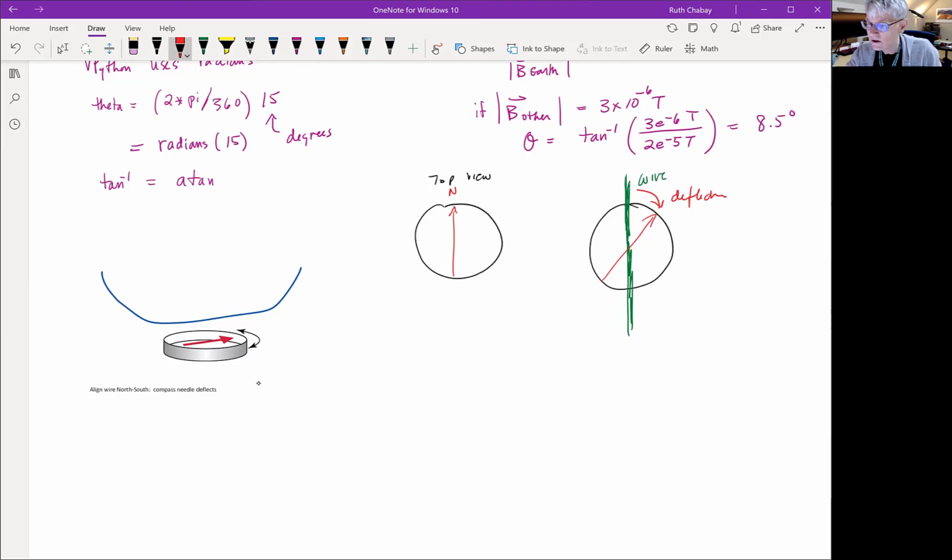And obviously if there are charged particles moving in the wire, they're going to be moving along the wire. So the velocity of electrons in this case is either that way or that way in the wire.